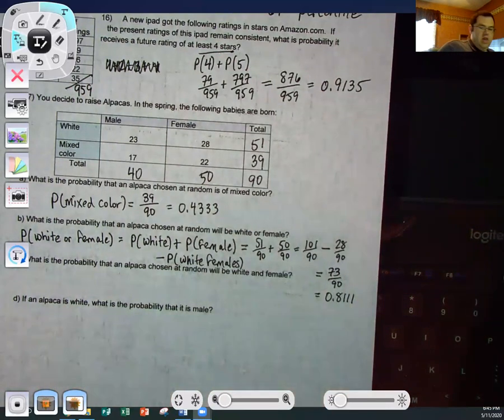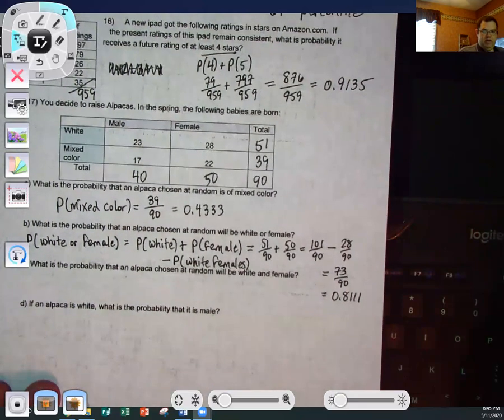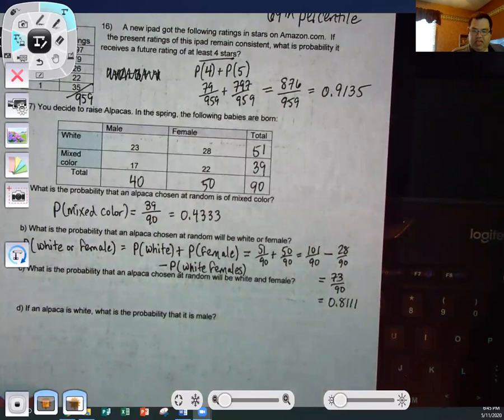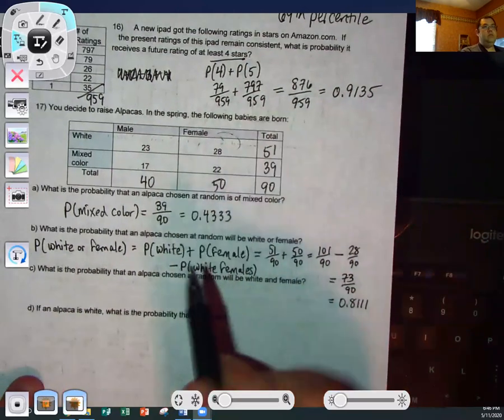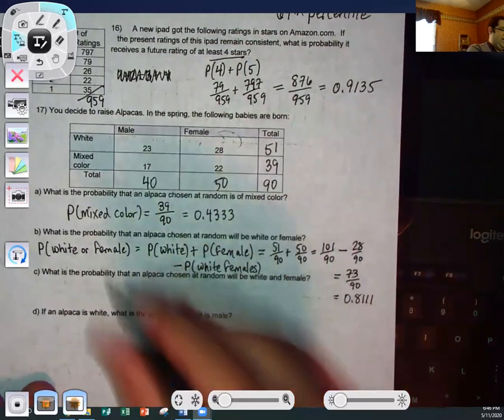Okay. Now, the next question. What's the probability that an alpaca chosen at random will be white and female? Because we're looking at white and female, we're only going to look at the white female column. So in this case, it'd just be 28 out of 90.